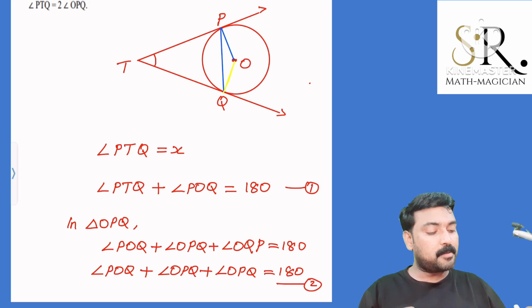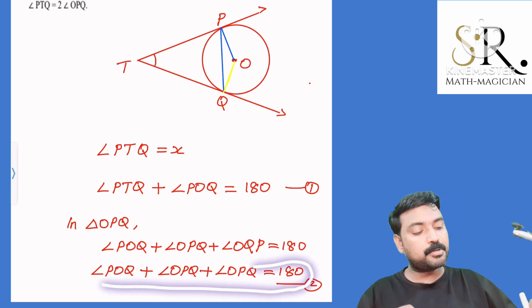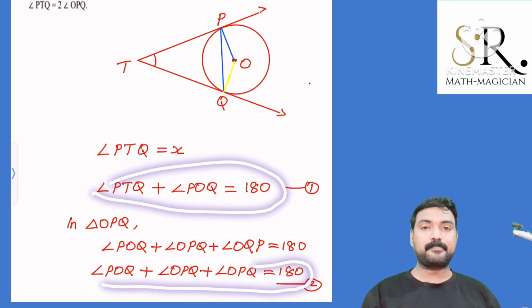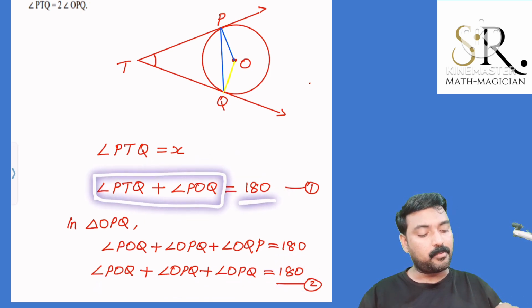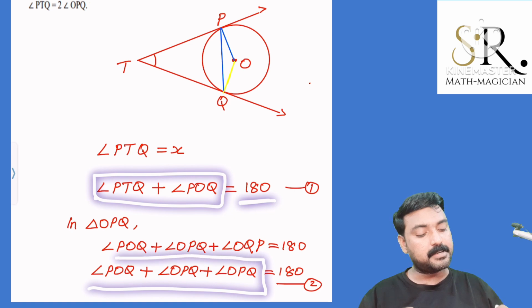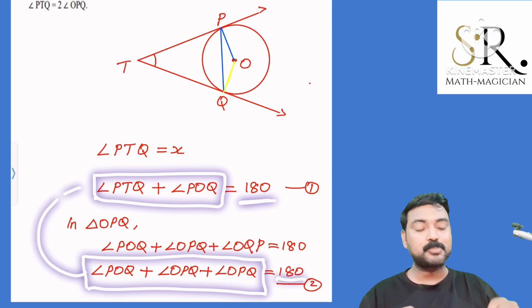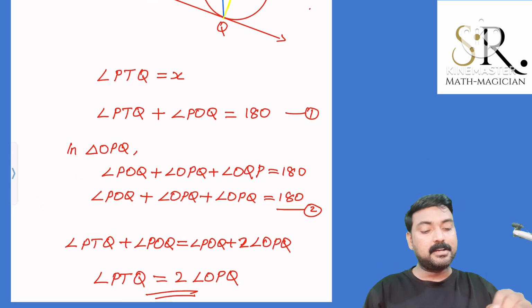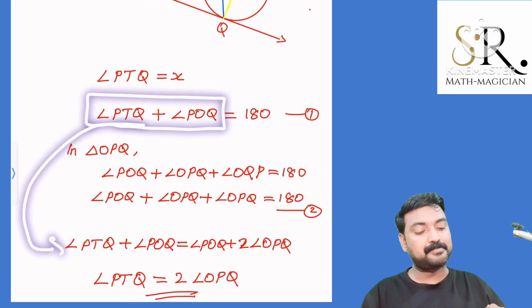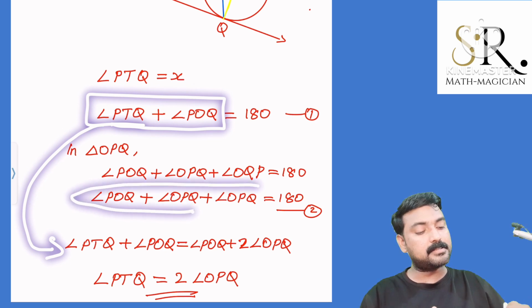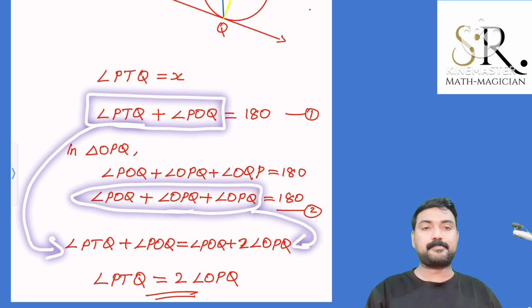Now we got this sum as 180 degrees, and in the previous equation also we got 180 degrees. What is on this left side? Its answer is 180 degrees. What is on this left side? Its answer is also 180 degrees. So these left sides are equal. I am going to write here the left side, angle PTQ, and this answer is written on the right side.